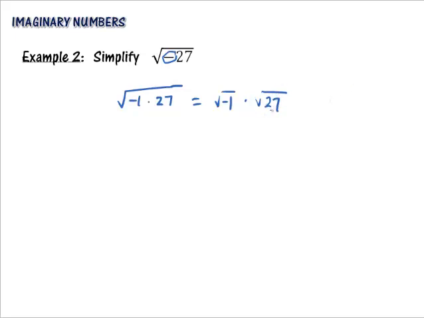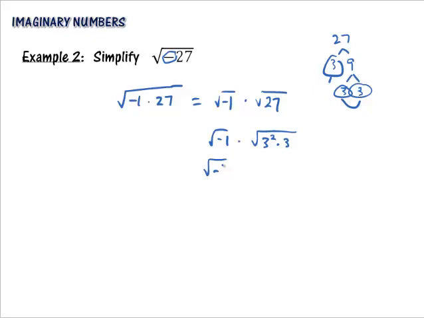It's not a perfect square, but if I break 27 down into prime factors, I have 3 times 9, and that 9 is 3 times 3. So I have 3, 3, and 3. Remember, if we have two of those, we can put them together. So I have the square root of negative 1 times the square root of 3 squared times the square root of 3.